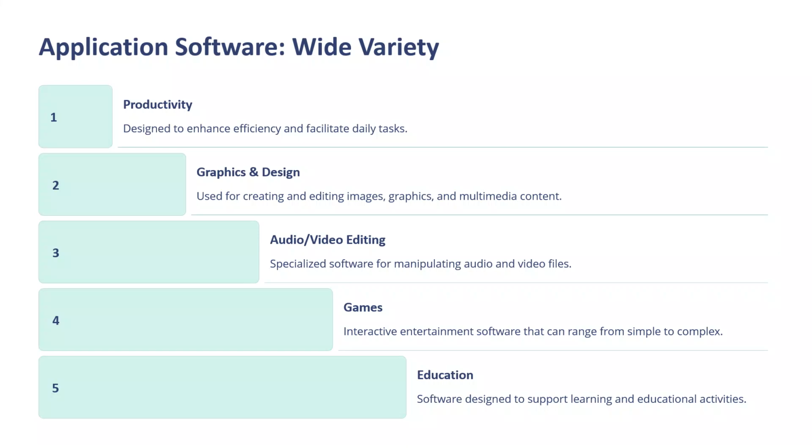We have productivity software that we normally get just to perform a specific job, like Word, Excel, PowerPoint, and so on. Then we have graphics and multimedia. Then we have audio and video editing. Then we have games, and we have educational software.